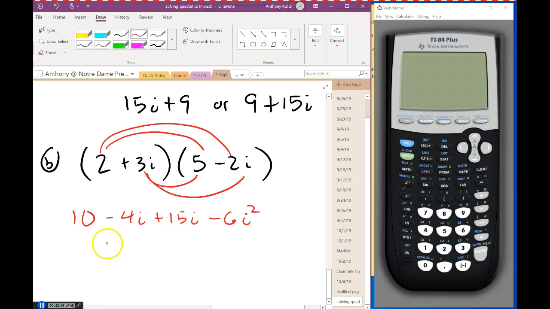So I can combine like terms. And I remember, what is i squared? That's really just negative 1. And then if I combine like terms again, I get 16 plus 11i. Of course.